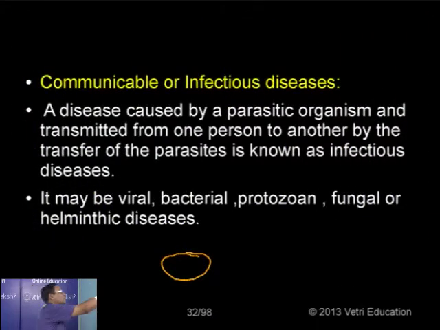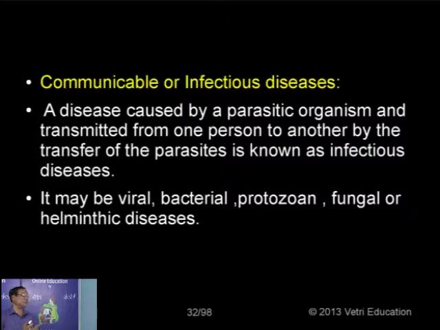Now let us pass on to the second part of the diseases, communicable or infectious diseases. Any disease that is caused by a parasite, where the parasite can be transferred from one individual to another because of various agents, is called an infectious disease. Normally the disease-causing organisms are called pathogens, and almost all the parasites cause disease.